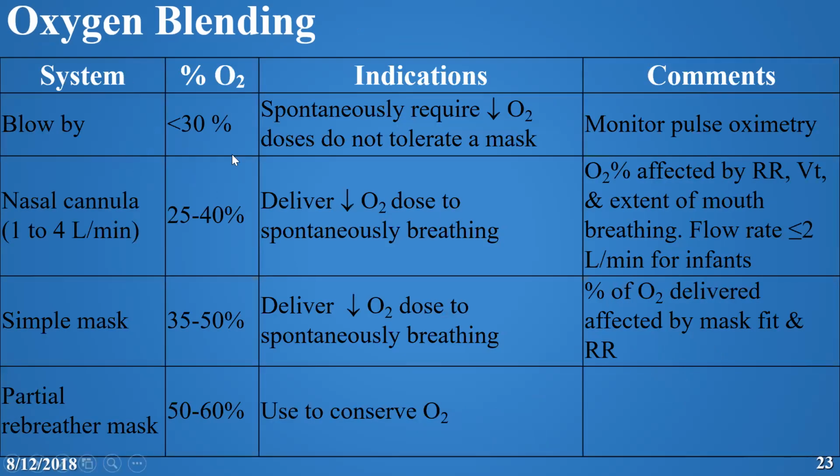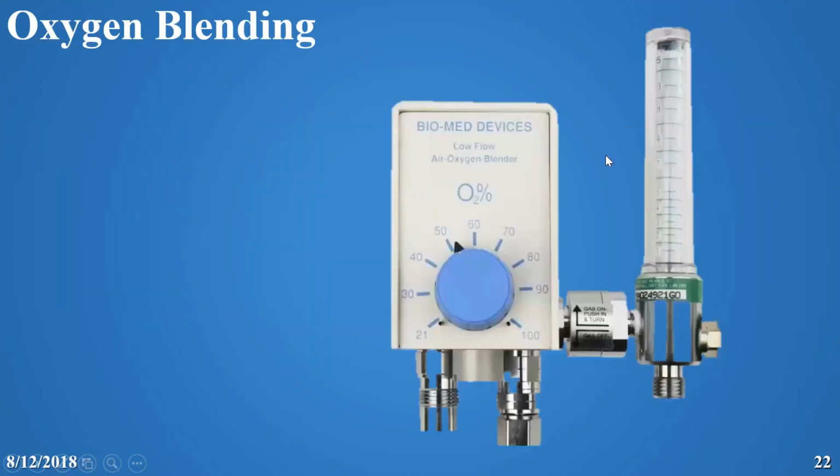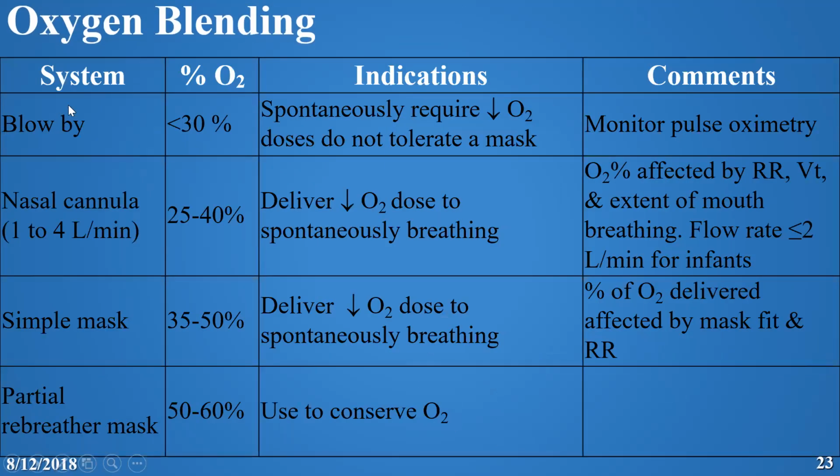Now, we will blend oxygen by different interface. Remember, we said that the oxygen percentage going to the baby depends on many factors: the delivery machine, the manufacturer of the machine, the flow, the percentage of FiO2, but also the interface.